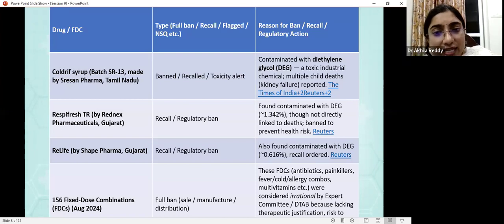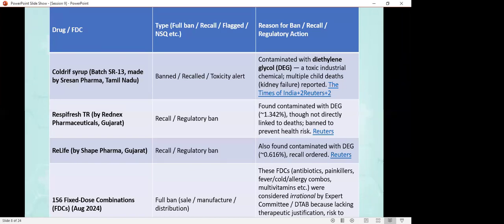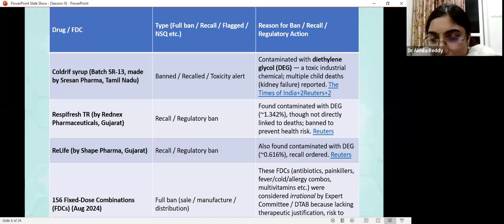Is it life threatening, reversible, or minor? Life threatening, ma'am. Yes. So what happened here? The Times of India reported it, so it was spread all over. In that way, this medication got banned, and this is the latest one.